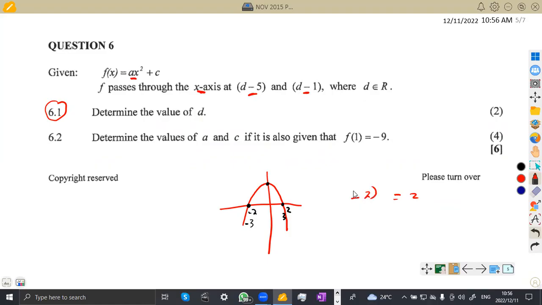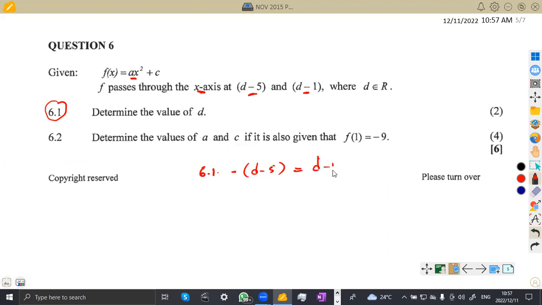If this is minus 2, the moment you multiply by minus 1, you get the other solution. So the tricky thing is to say that if I have one solution as d minus 5, if I multiply that d minus 5 by a negative, it must give me d minus 1. So I have an equation that I can solve for d.